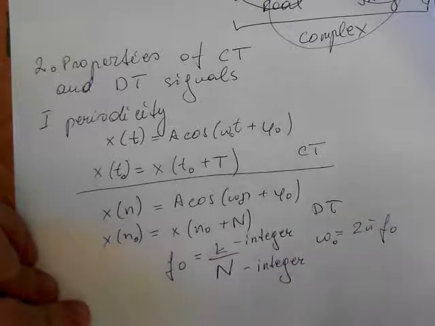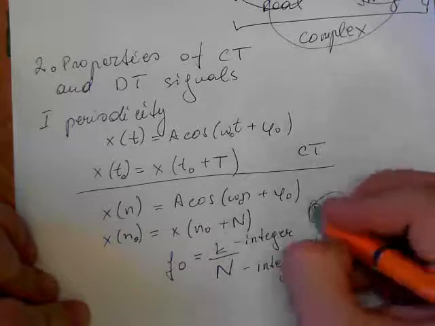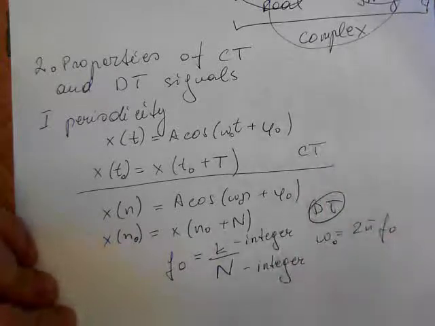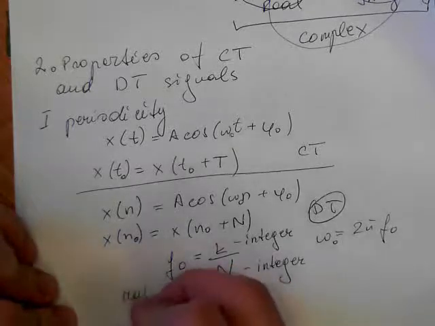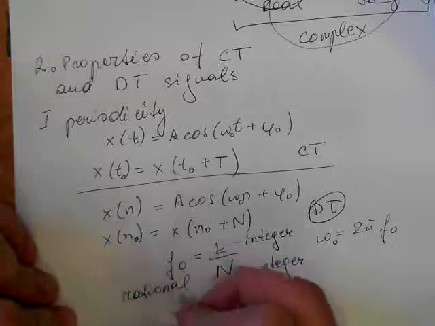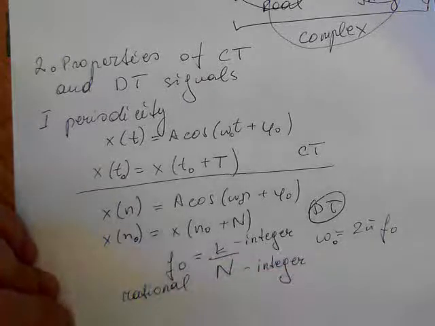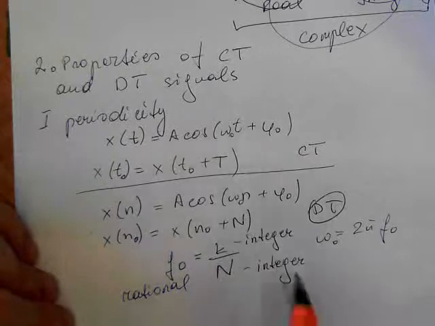This means that a discrete time signal is periodic only if its frequency is a rational number, meaning the ratio of two integers.